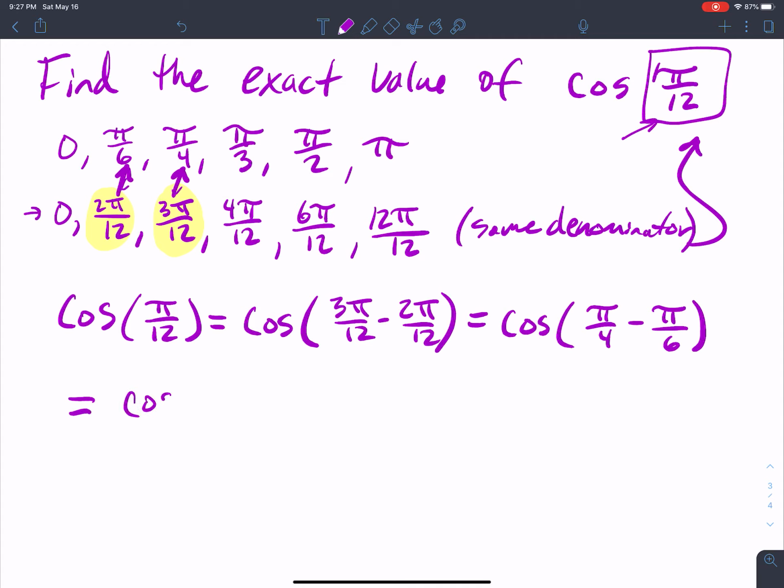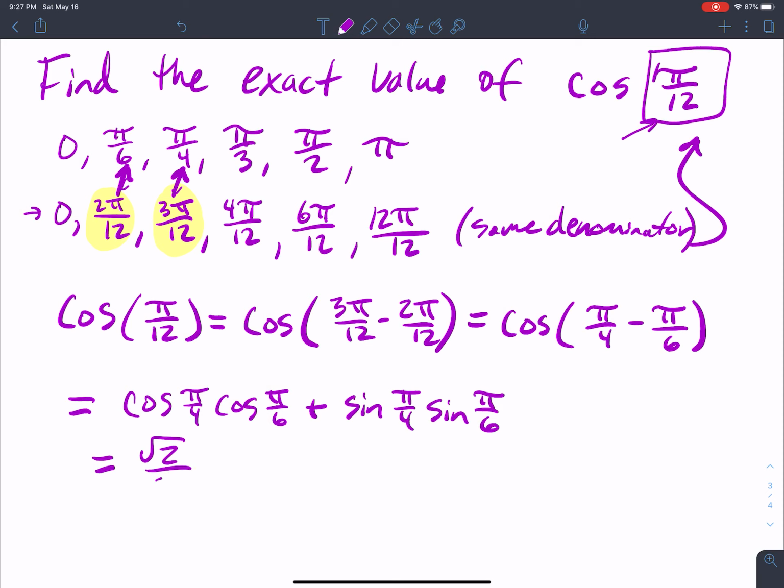Well, it's the cosine of pi over 4 times the cosine of pi over 6 plus, okay, the sine of pi over 4 times the sine of pi over 6. So what does that equal? That's square root 2 over 2 times square root 3 over 2 plus square root 2 over 2 times 1 over 2.